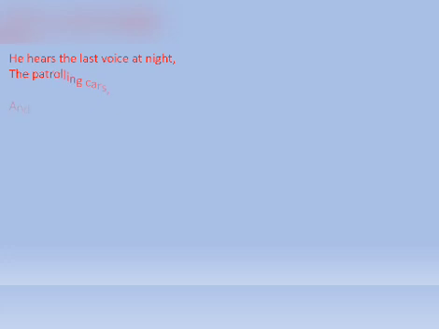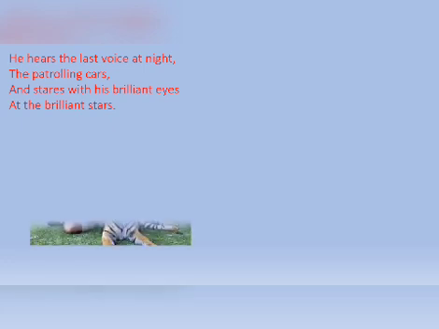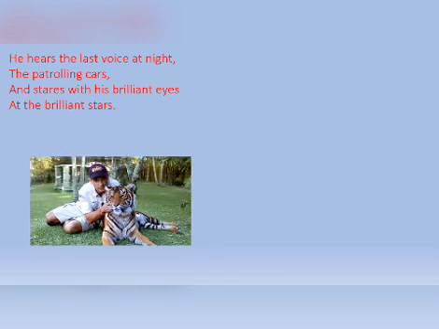The last stanzas goes like this. "He hears the last voice at night, the patrolling cars, and stares with his brilliant eyes at the brilliant stars." In this stanza, the poet describes the daily routine of the tiger. The tiger does not rest during the day because of the visitors.